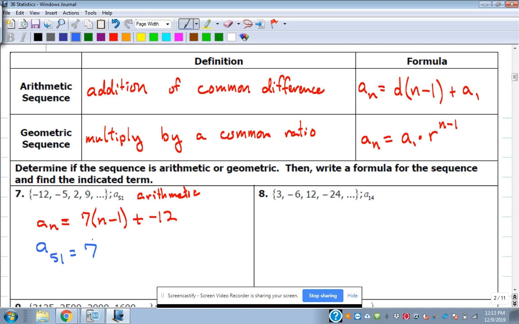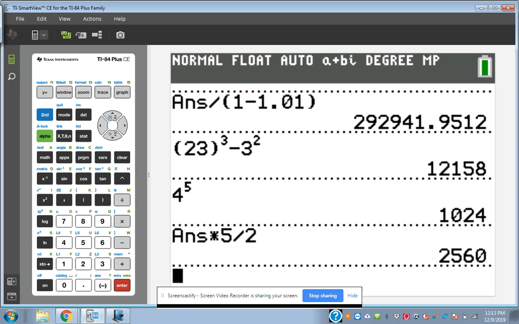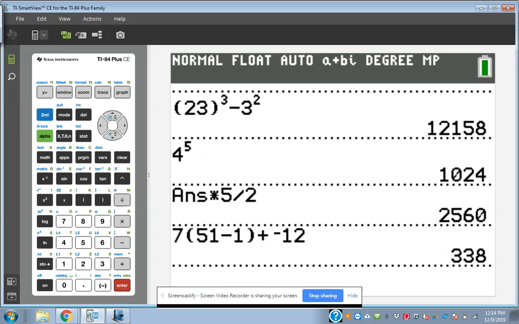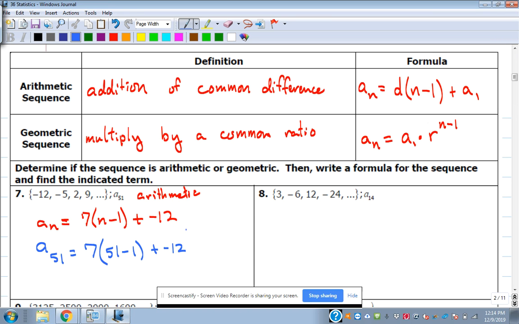So what do I put in the place of n? 51. And work that out. 7 parentheses 51 minus 1 plus negative 12. 338. The 51st term.